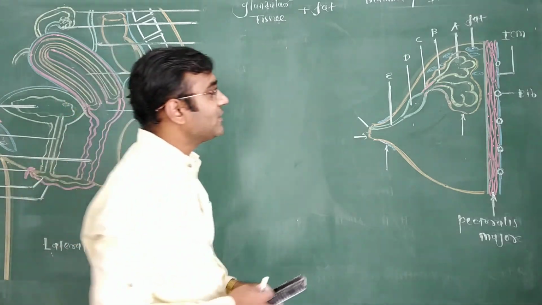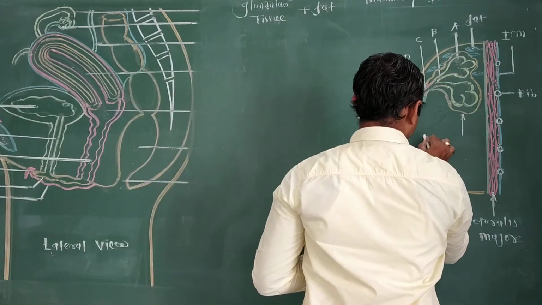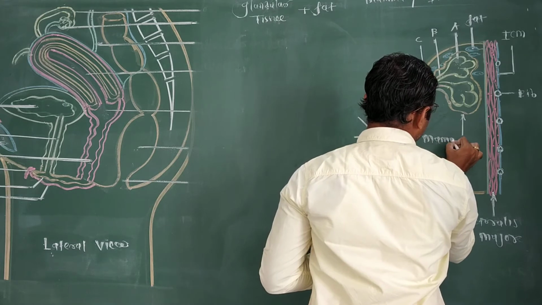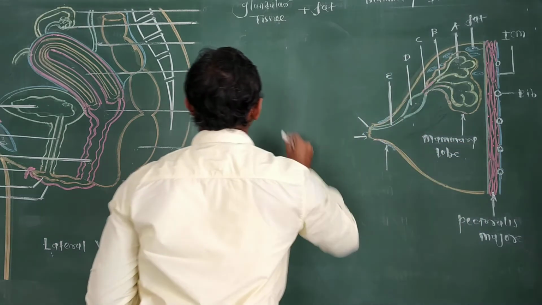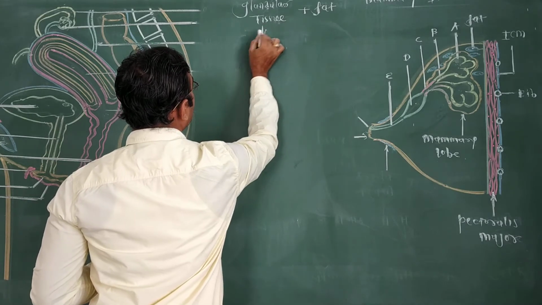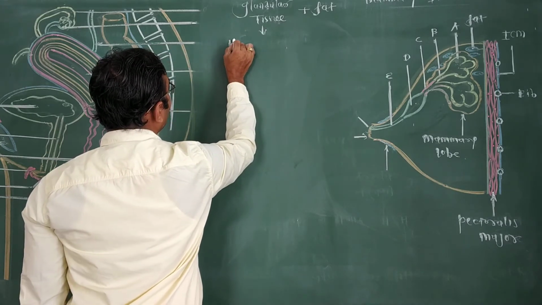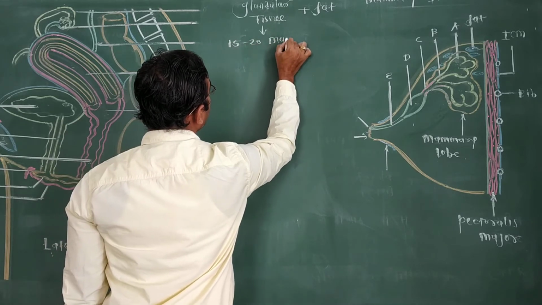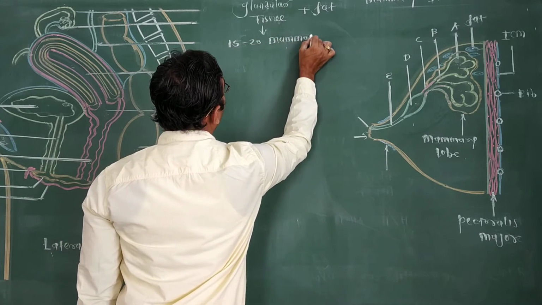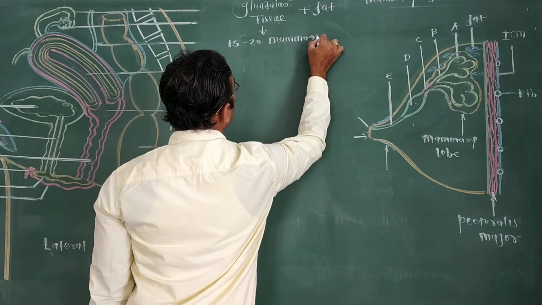Glandular tissue is differentiated into a minimum of 15 to a maximum of 20 mammary lobes.